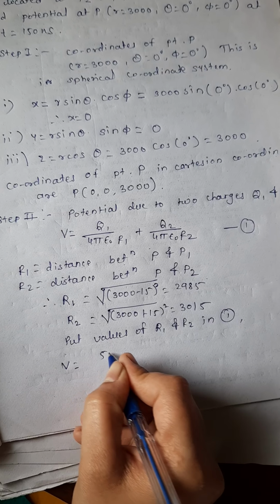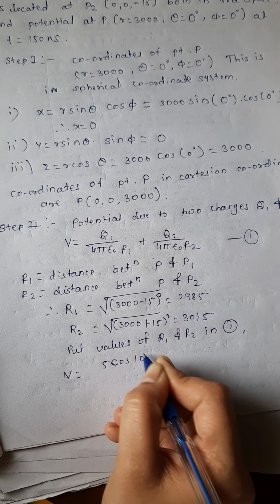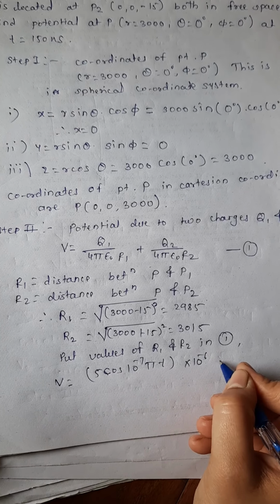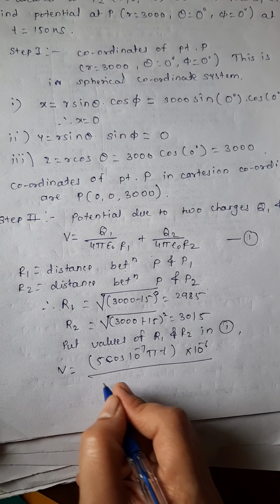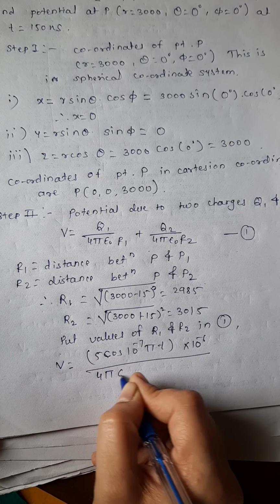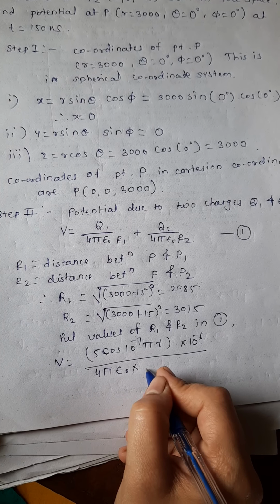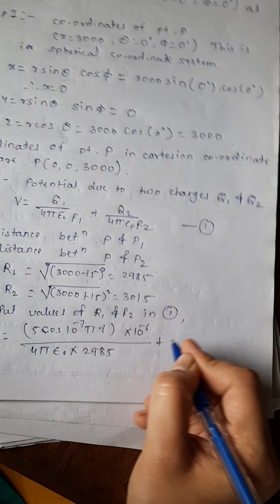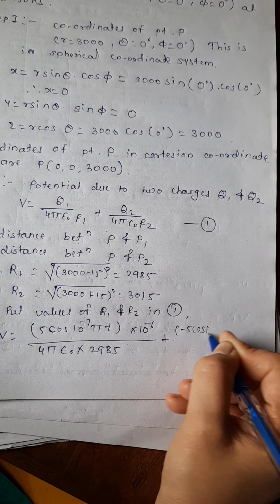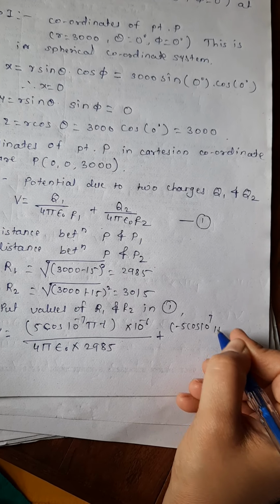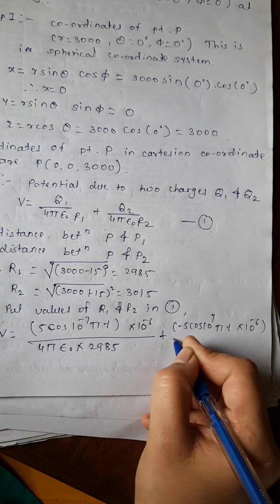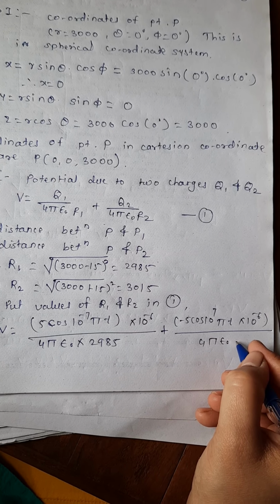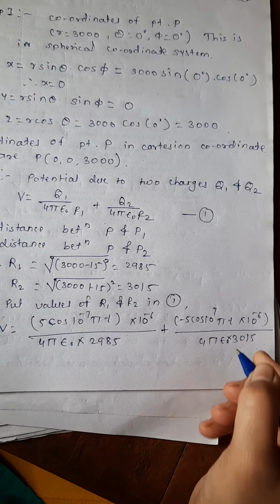So Q1 is given 5 cos of 10^7 pi t into 10^−6, as it is microcoulomb, divided by 4 pi epsilon 0 into 2985, plus minus 5 cos of 10^7 pi t into 10^−6, as it is microcoulomb, and 4 pi epsilon 0 R2, R2 is 3015.